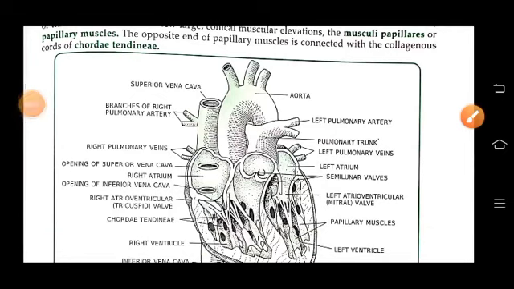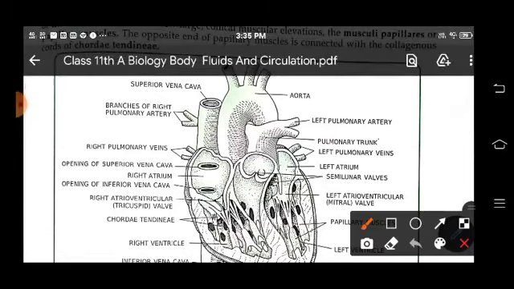So here is the internal structure of the heart. Now here is the superior vena cava which brings blood from the upper part of the body. Now branches of the right pulmonary artery carry deoxygenated blood from the heart to the lungs. Then the pulmonary trunk, and left pulmonary veins which bring oxygenated blood from the lungs to the heart. Then this is the opening of the superior vena cava into the auricle and the opening of the inferior vena cava into the auricle.